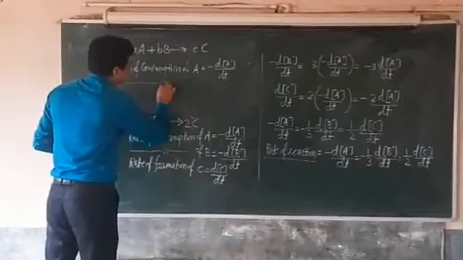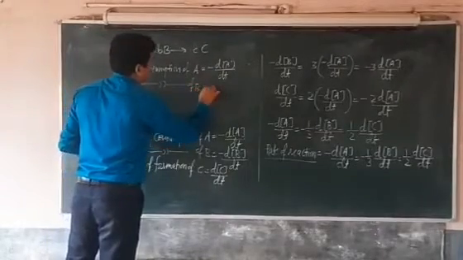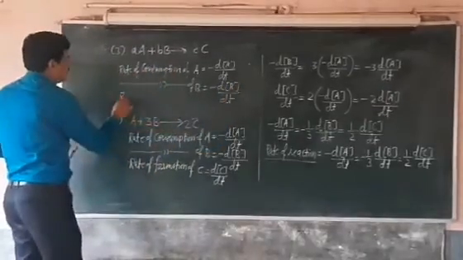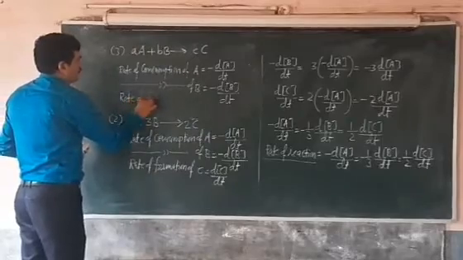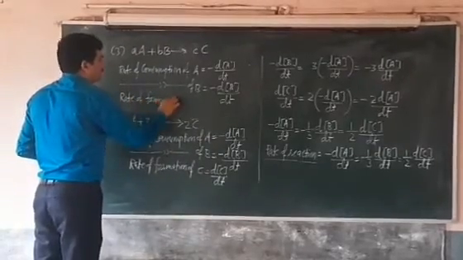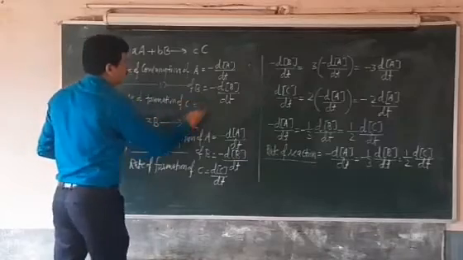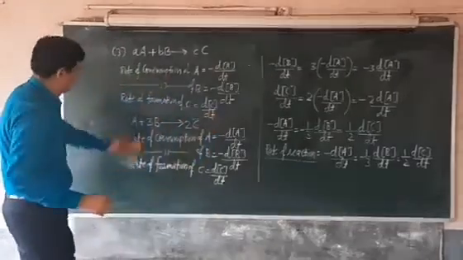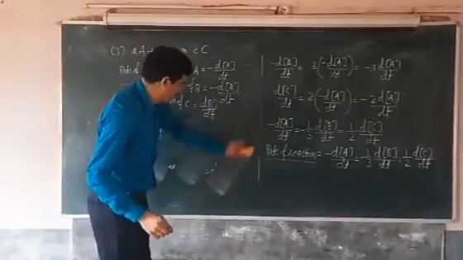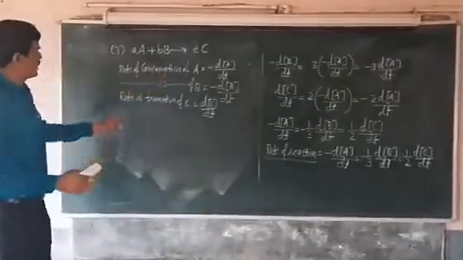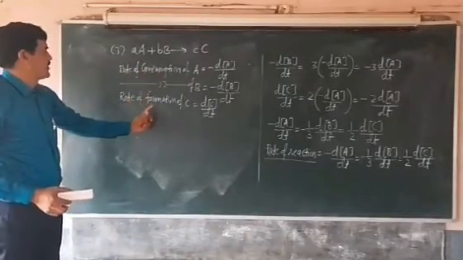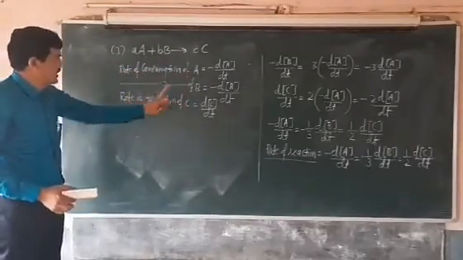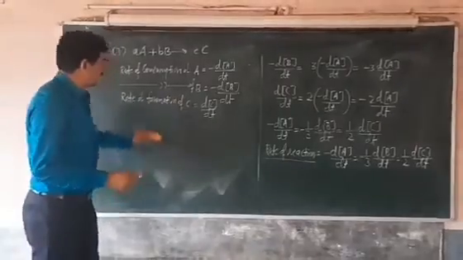Rate of consumption of B is minus dB by dt, and rate of formation of C is equal to dC by dt. So these are the individual rates of consumption and rate of formation: rate of consumption of A, rate of consumption of B, and rate of formation of C. But how are they related with each other?